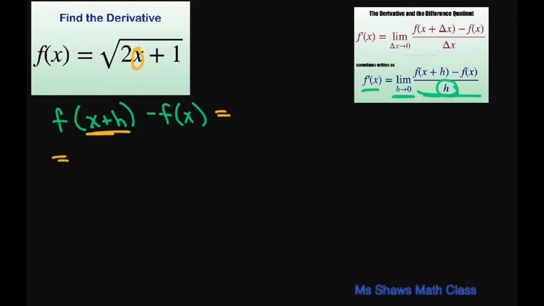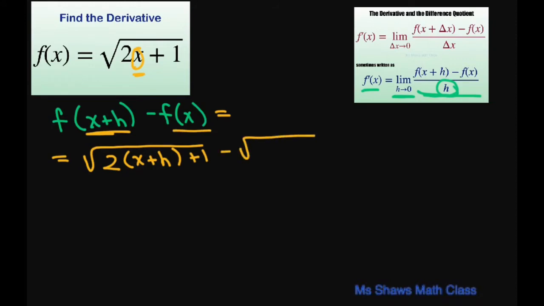So this is going to give you the square root of 2 times, for that x, we substitute in x plus h. All right, and then we have our plus 1 still. And then subtract your f of x, which is just the square root of 2x plus 1.